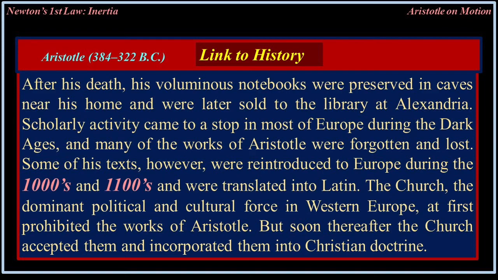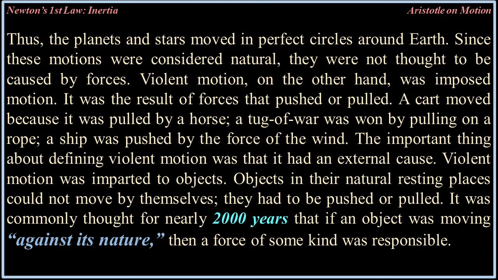The Church, the dominant political and cultural force in Western Europe, at first prohibited the works of Aristotle, but soon thereafter the Church accepted them and incorporated them into Christian doctrine. Thus, the planets and stars moved in perfect circles around Earth. Since these motions were considered natural, they were not thought to be caused by forces.